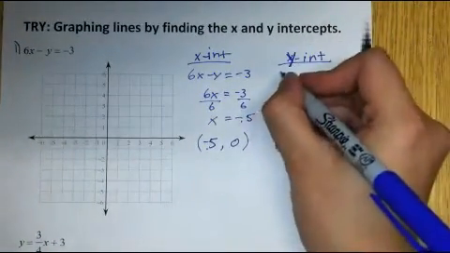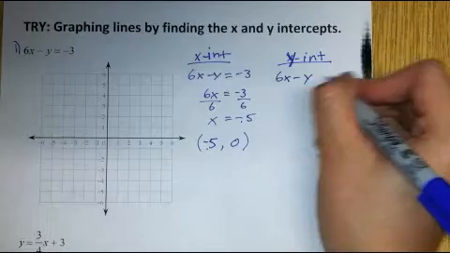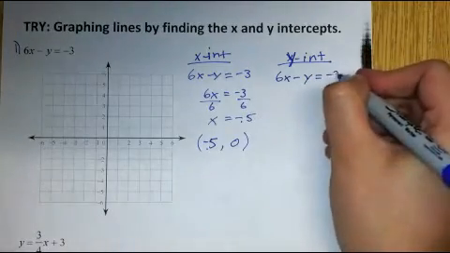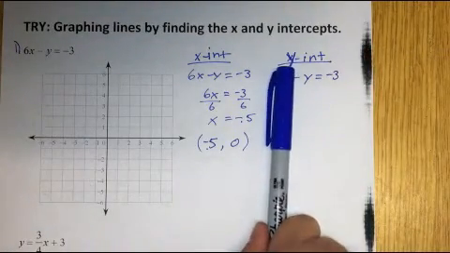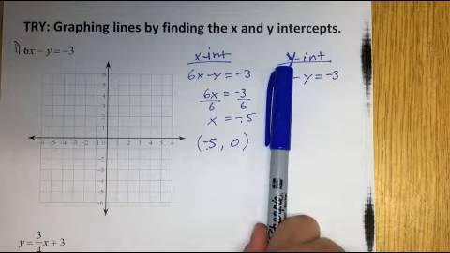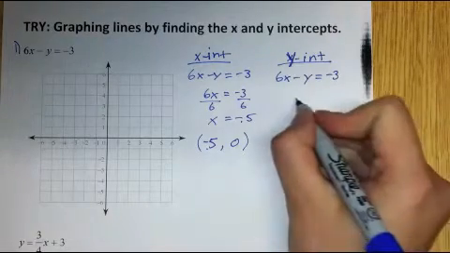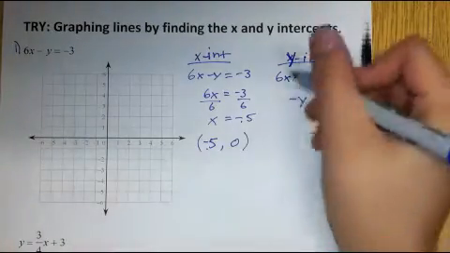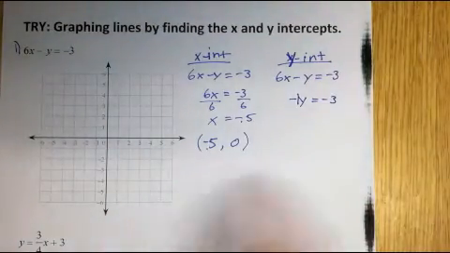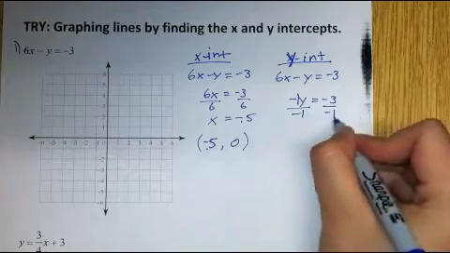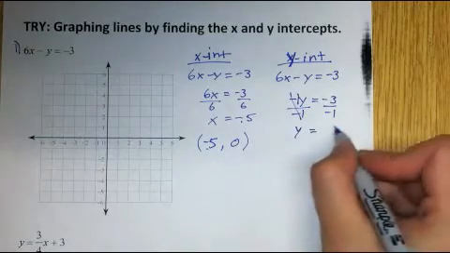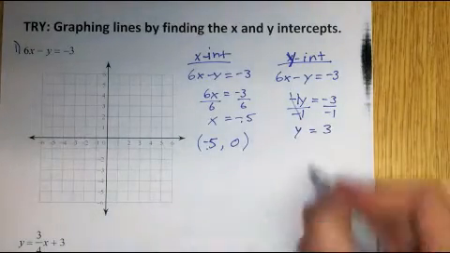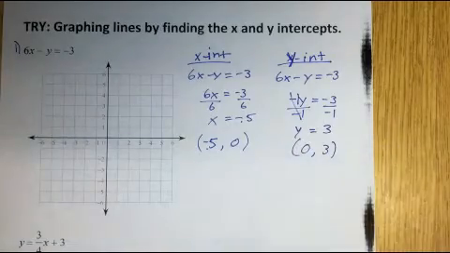Once again, covering up. Now I'm trying to find my y-intercept, so I want to get rid of my x value. Cover it up. What do I see? Negative y equals negative 3. Okay, what's in between the negative and y is a negative 1. How do we get rid of it? Divide. Now you're left with a positive 3. 0, 3.